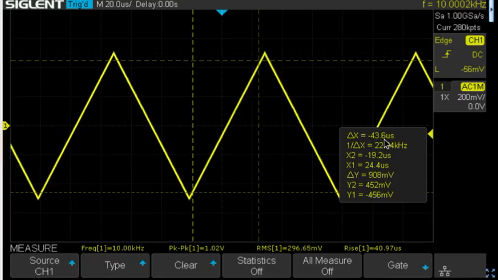Otherwise we could just enable the rise time auto measure feature, but they don't really understand what that is. So by taking the measurements manually, it becomes hopefully clear as to exactly what that measurement actually means.